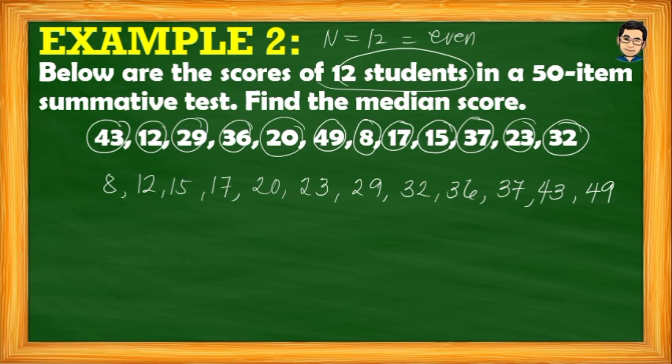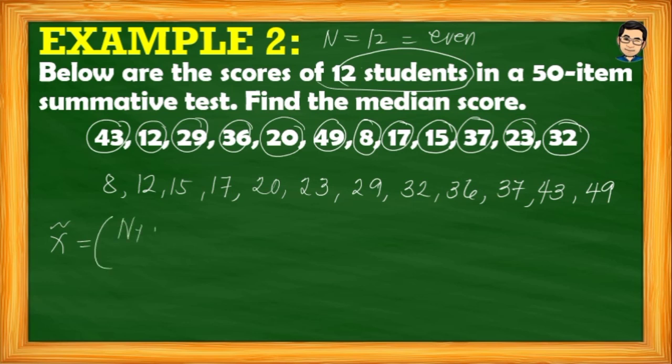So kapag in-apply natin yung kanina, so yung n plus 1, so 12 plus 1, that is 13. I-divide natin yung 13 sa 2, we'll get 6.5. So, sulat na natin.